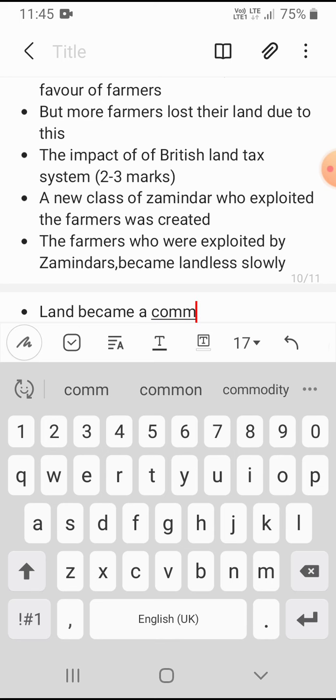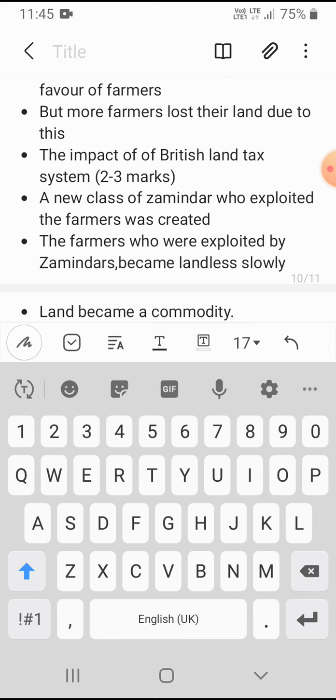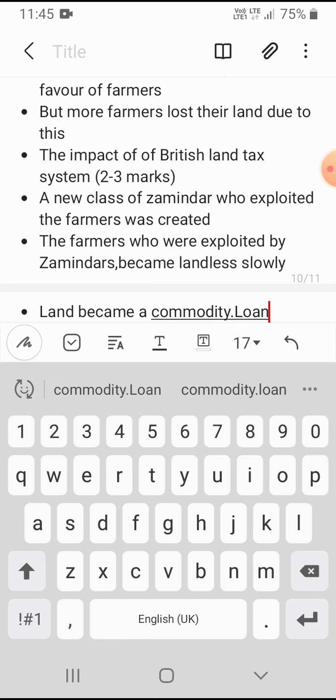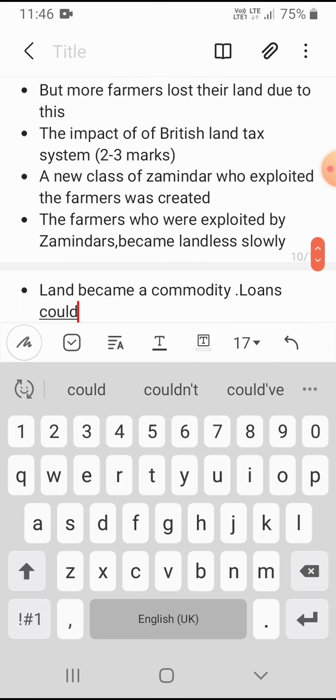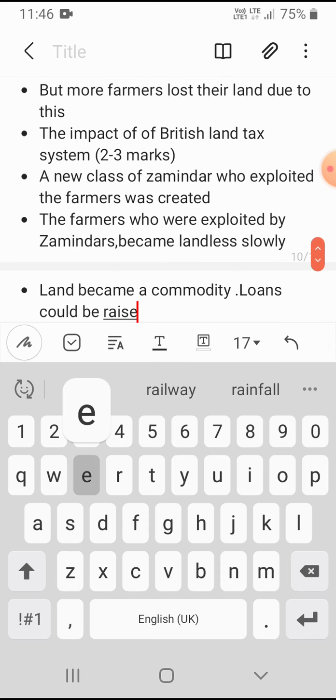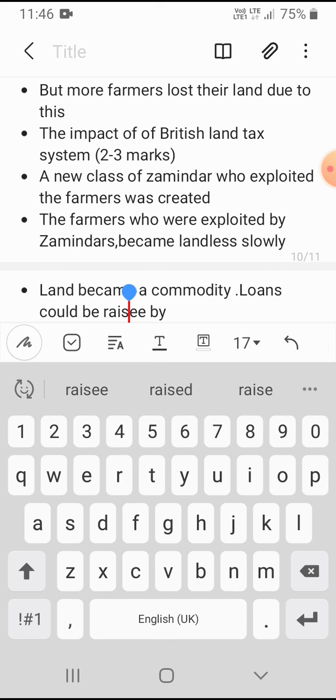As I said, if the British ask them for land tax and they do not pay, they have to take a loan, and loans could be raised by mortgaging, which means they will raise the loan on the land slowly.